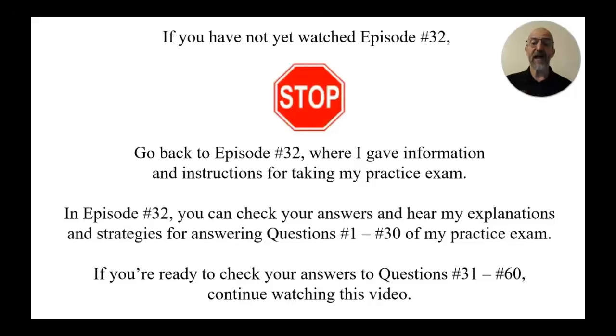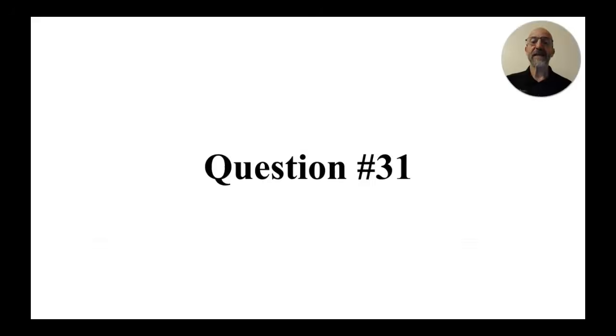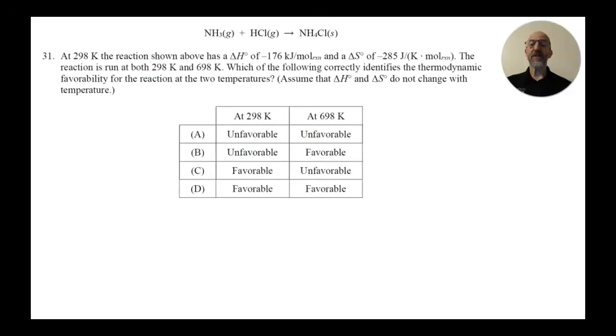Now, if you've done that and you're ready to check your answers to questions 31 through 60, continue watching this video. Okay, let's get started. This is question 31. In question 31, we are given a chemical equation, and it says at 298 Kelvin, the reaction shown above has a delta H of negative 176 kilojoules per mole of reaction, and a delta S of negative 285 joules per Kelvin mole of reaction.